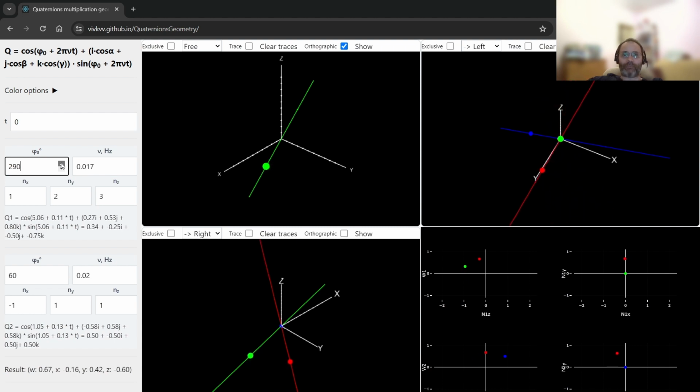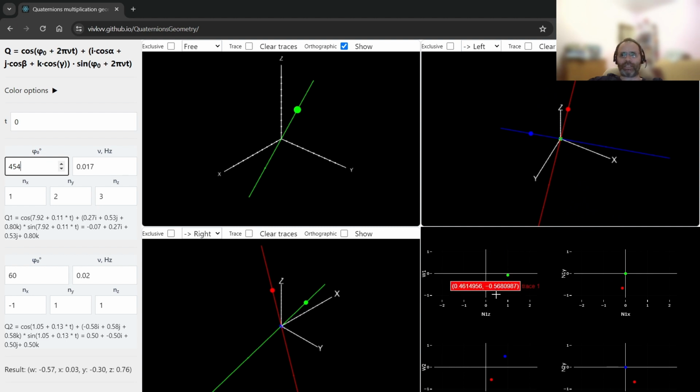And if you change the angle of the first quaternion, only the z and w coordinates, see here on this point, will change. And obviously, the green dot will move in a circle here.